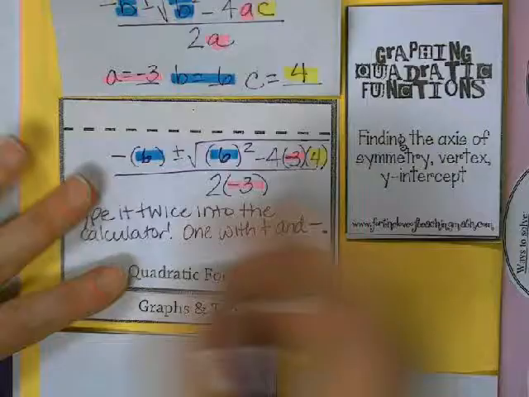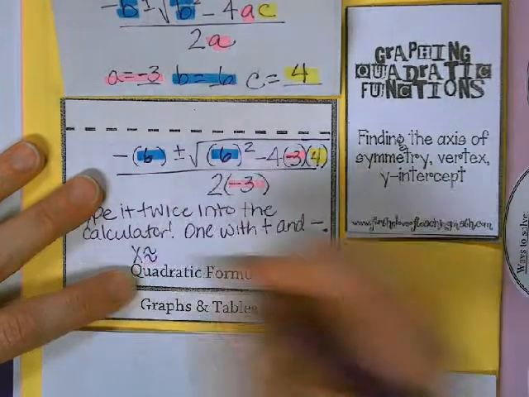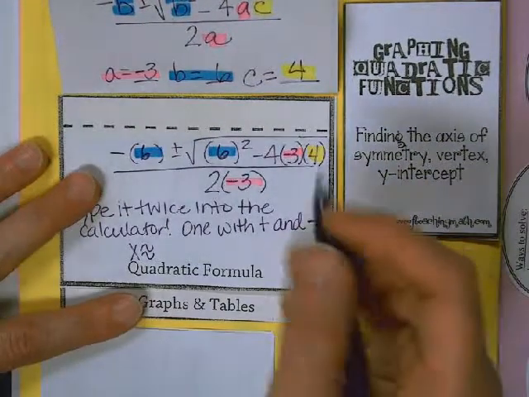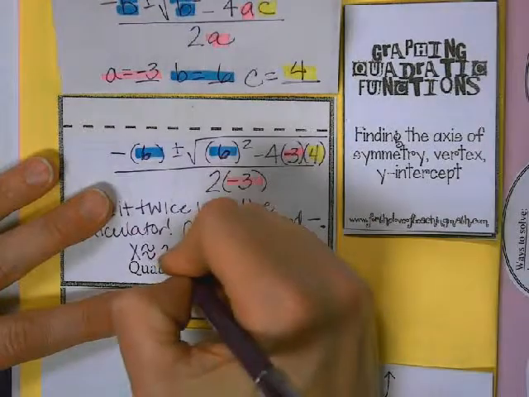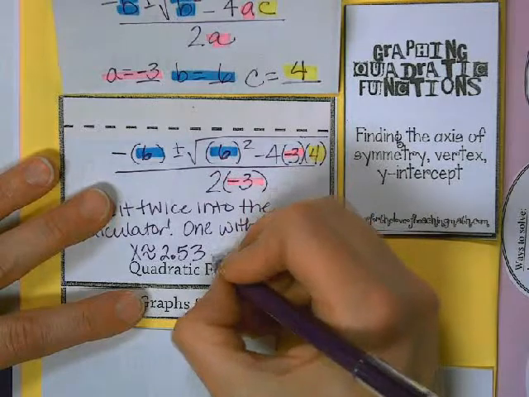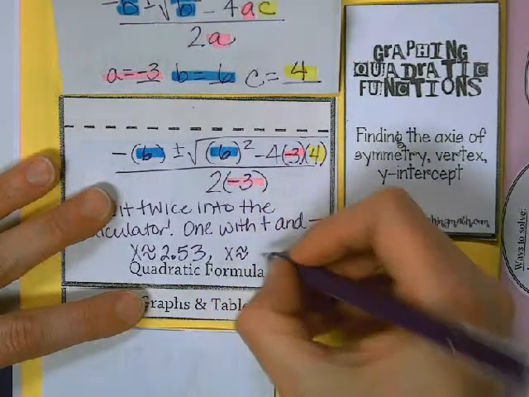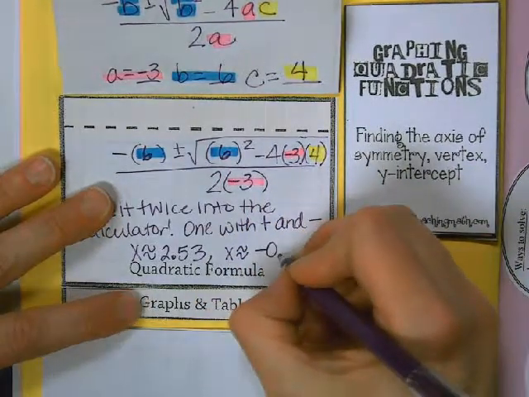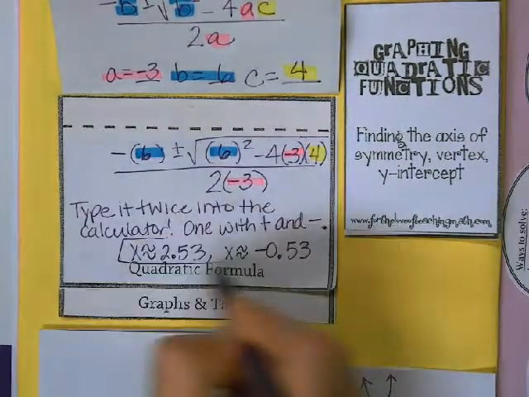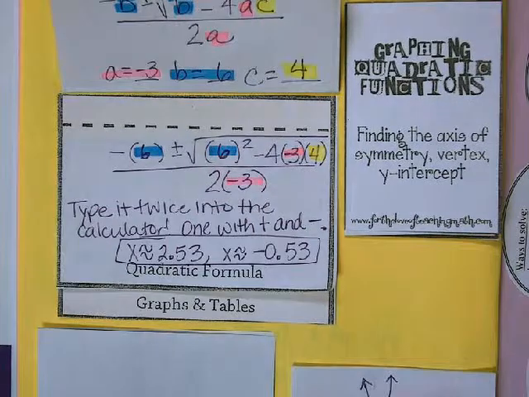Okay? When you type it in, go ahead and give yourself a chance to type that in, so you might pause the video so you have an option to. Type it in, you get 2.53 when you round it. And then the other answer is x is about negative 0.53. Those are the two answers when you type this into your calculator. Okay.